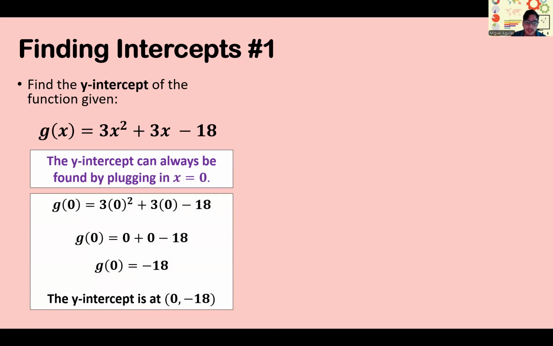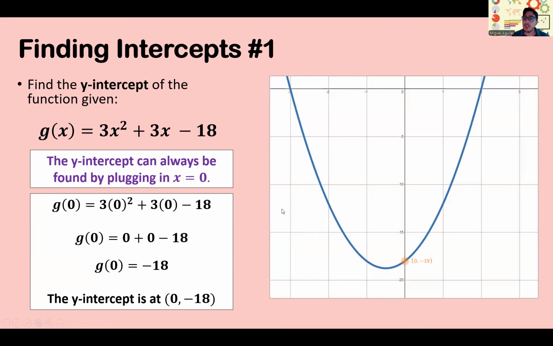Okay. Once you find the y-intercept, what I highly recommend is you go over to that second tab where you have Desmos open, right? You graph the equation. You should get a graph that looks like this. And if you scroll down until you see where the graph crosses the y-axis, it's exactly where you think it should be, at 0, comma, negative 18. Okay?